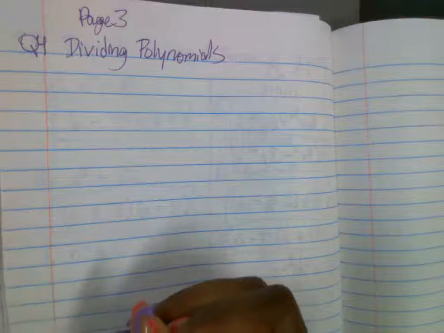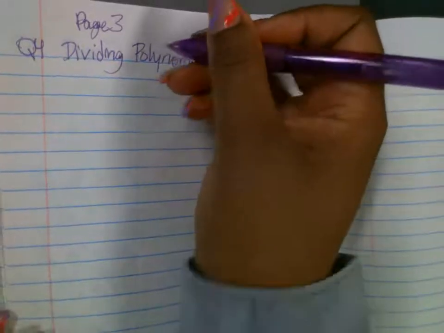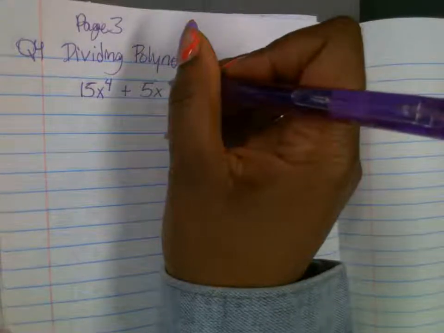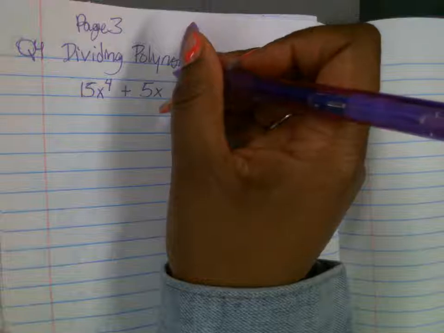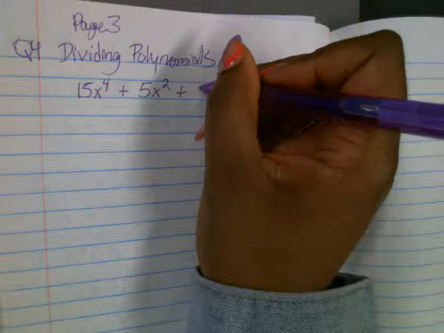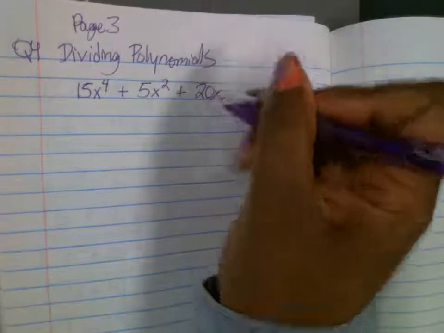Page 3. All right, very simplistic. Let's suppose that we have 15x to the 4th plus 5x squared plus 20x, okay?